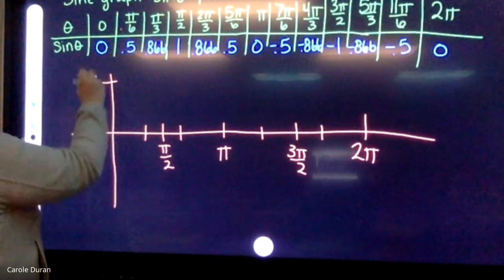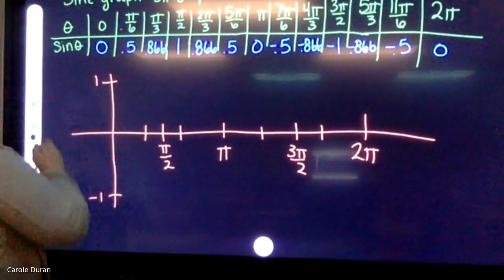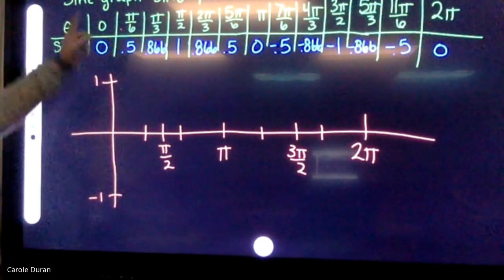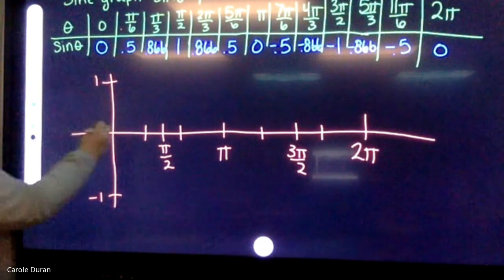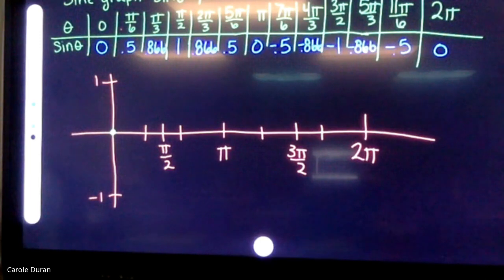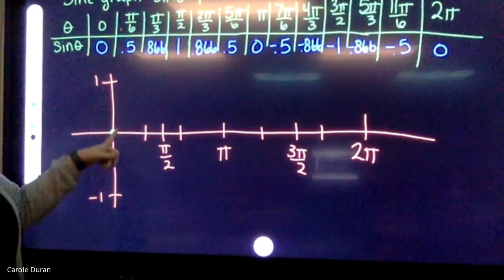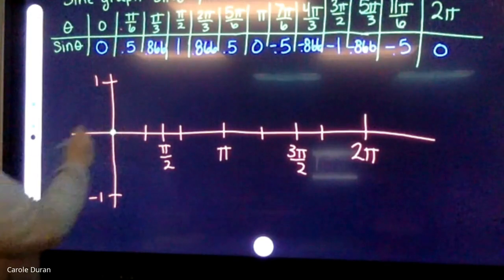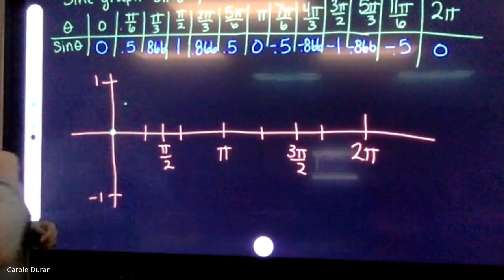My highest y value here was 1, my lowest was negative 1, and then I just start plotting. At 0, my y value was 0, so that's the first point I put down. At pi over 6, it was 1/2, so that's going to be here.